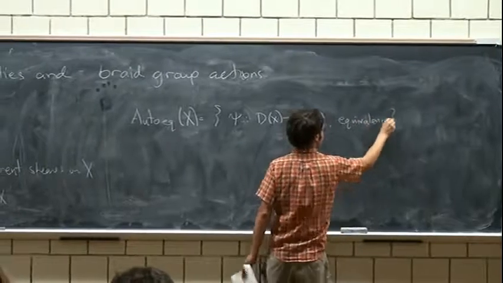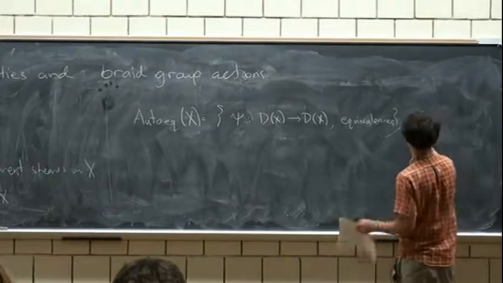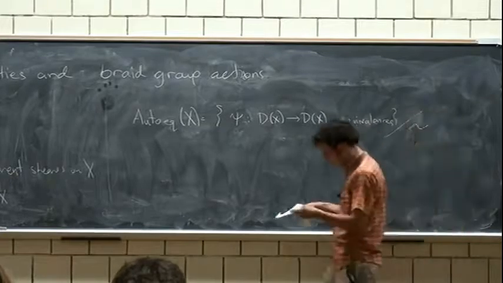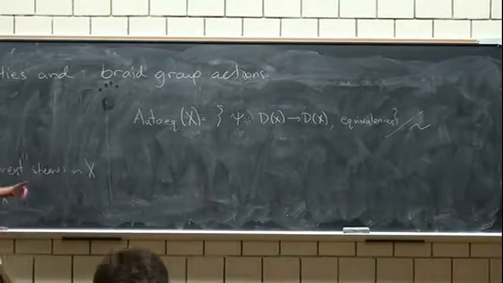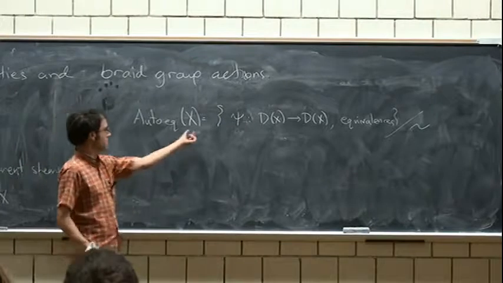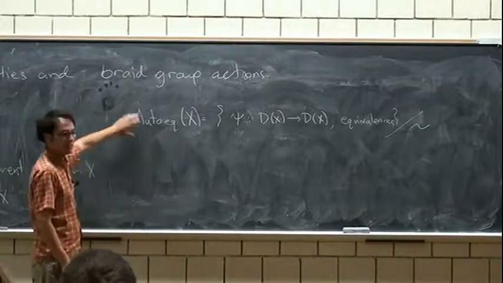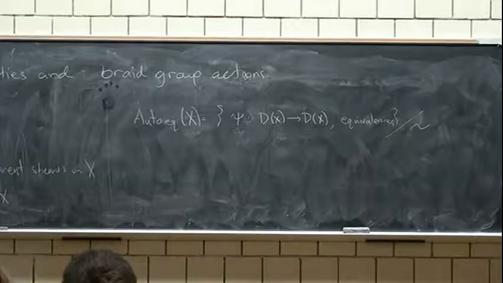And usually we'll only be interested in them up to isomorphism of functors. In particular, we're mostly going to be interested in the interesting autoequivalences. There are some boring autoequivalences which come from automorphisms of X, but then typically there'll also be some very interesting autoequivalences not coming from automorphisms of X.